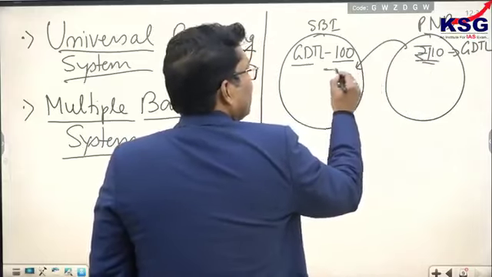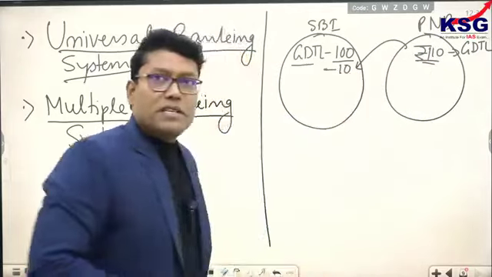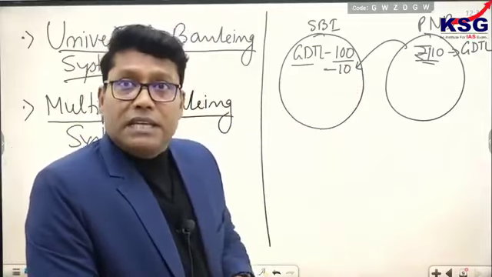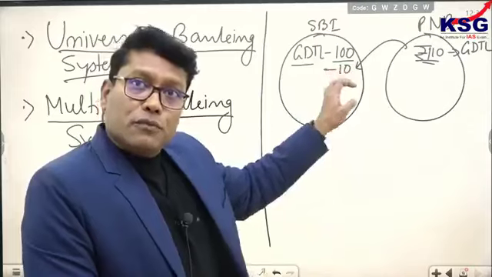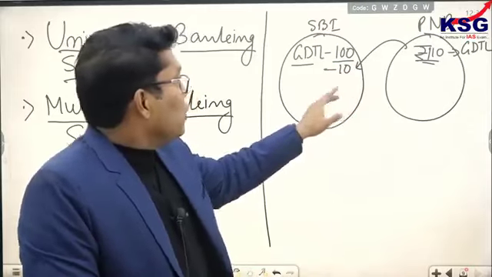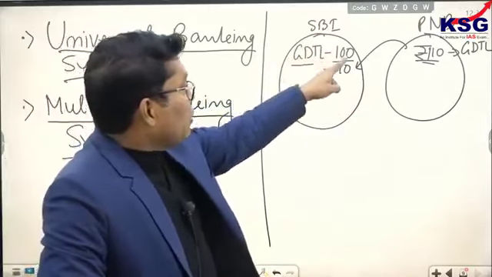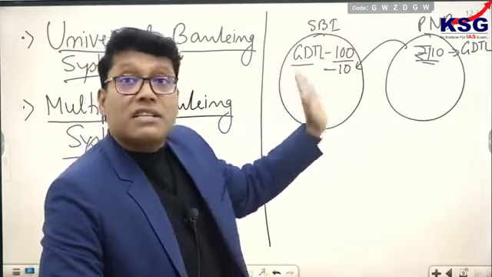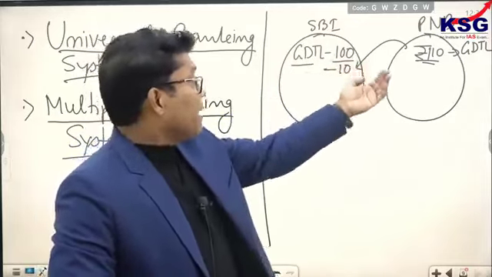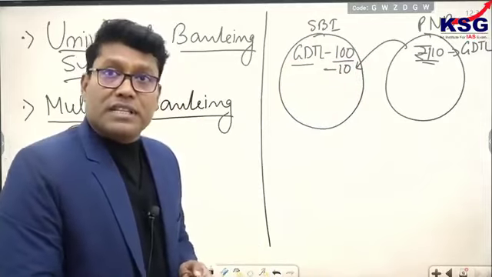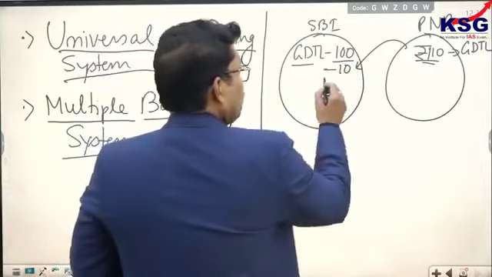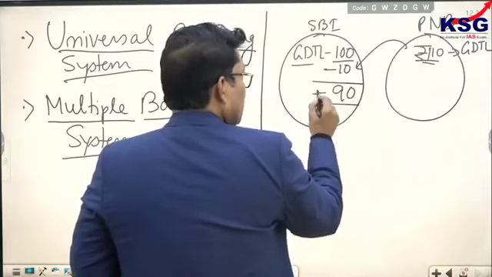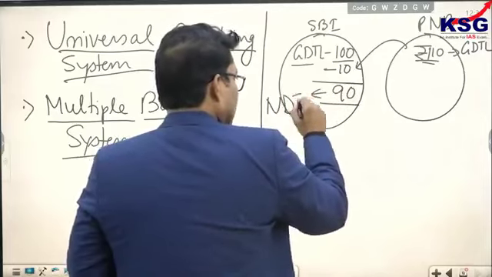It is a deposit and claim of PNB, Punjab National Bank, with this SBI bank. Clear? So when SBI takes all the deposits, 100 rupees, it is the GDTL. But with interbanking transactions, other banks' claim or deposit is 10 rupees with SBI. If you deduct that 10 rupees of other banks, then 90 rupees is left, and this 90 rupees is known as NDTL.